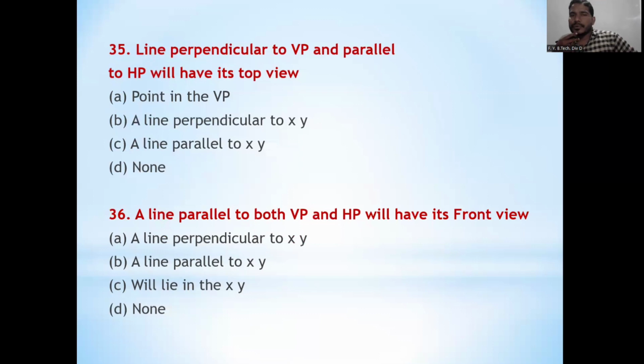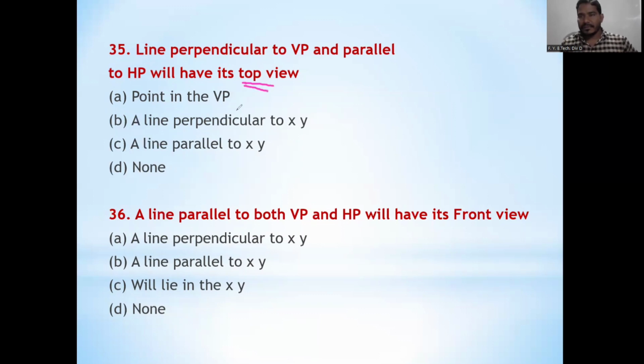A line perpendicular to VP and parallel to HP will have its top view. Okay, so the same condition is there again, a line perpendicular to VP and parallel to the HP. Same thing we have seen in the last MCQ, where whatever its front view is, we are getting a point. Now the top view has been asked.